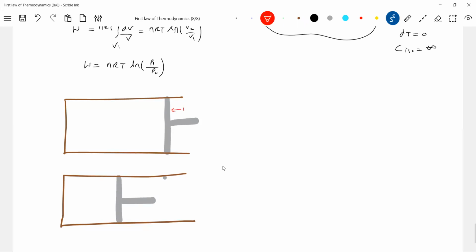I can apply force. So what happened? The volume of gas decreased. So shall I say isothermal compression? If I move the piston gradually, the gas will undergo isothermal process. The temperature of gas will remain constant.